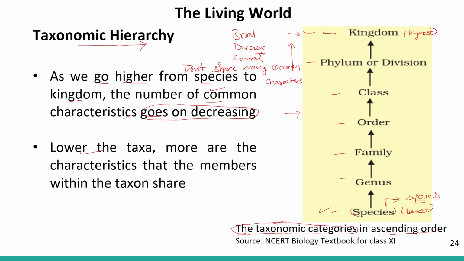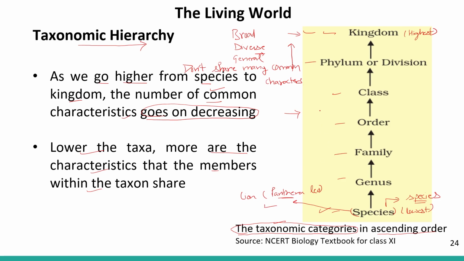So lower the taxa, more are the characteristics that the members within the taxon share. Again, for species, take the example of lion, which is Panthera leo. All the lions which belong to one species share a lot of common characters, and it is very easy to determine the evolutionary relationship.